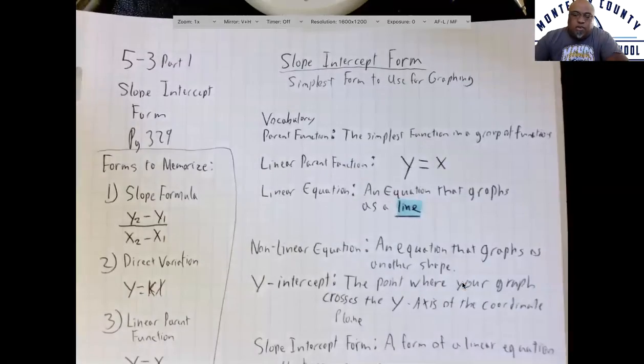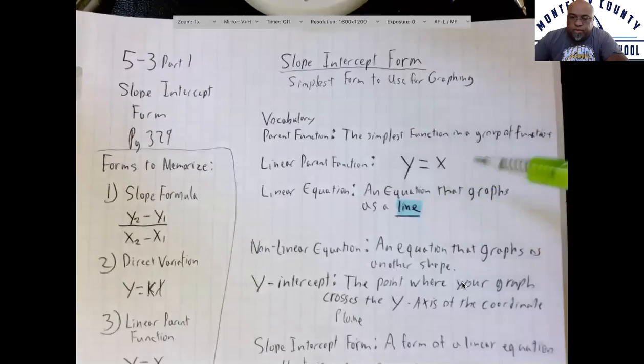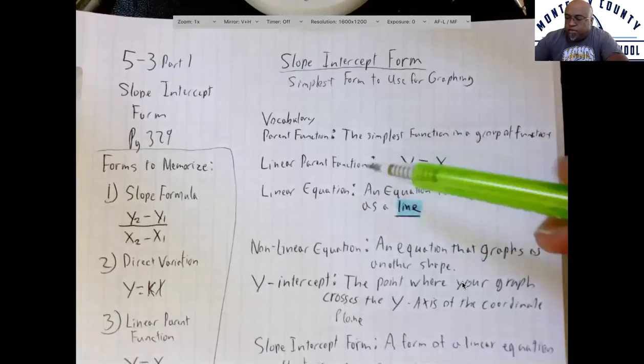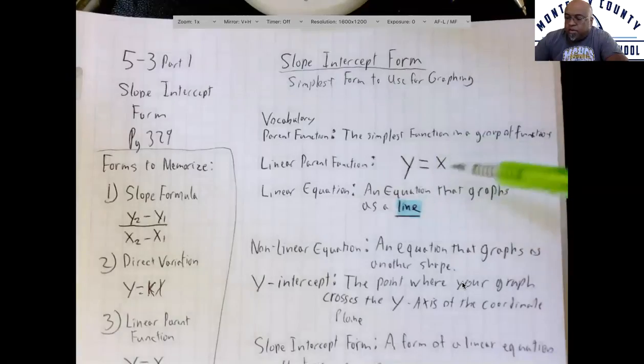If you're trying to make a graph, that's the simplest one. If x is 1, then y is 1. If x is 2, then y is 2. So your points are going to be (1, 1), (2, 2), (3, 3), (4, 4), and so on. The parent function is just a very, very simple equation, okay?